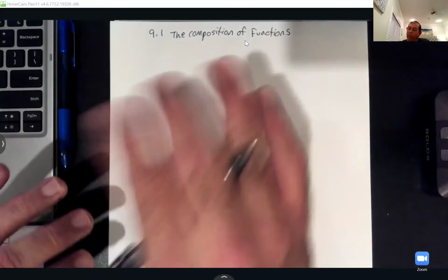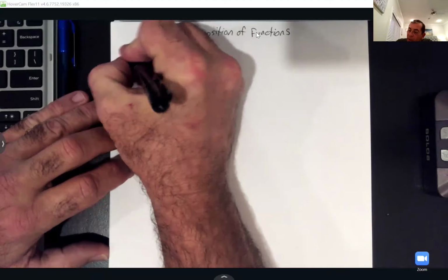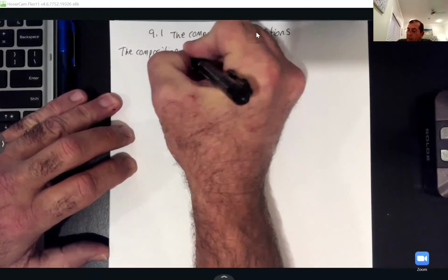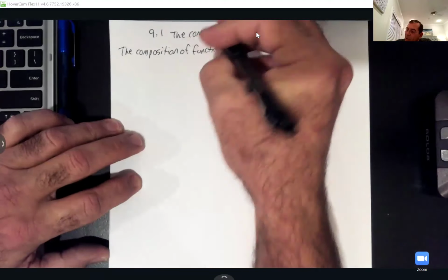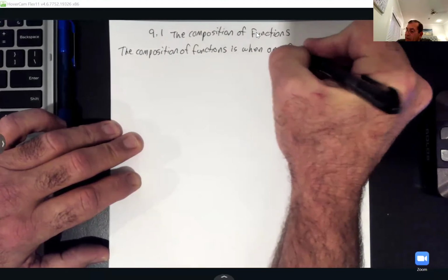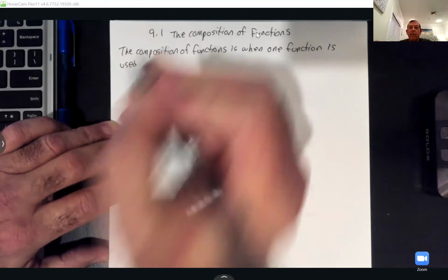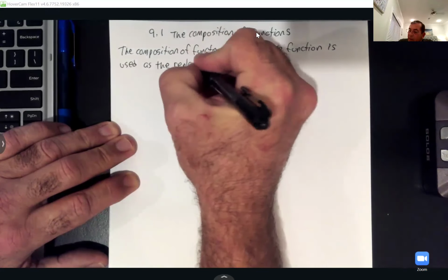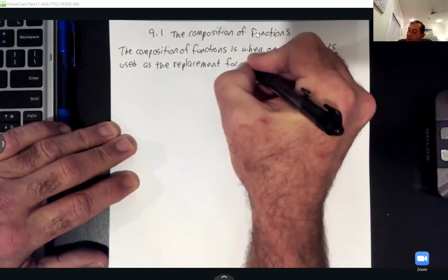And so, y'all, when we talk about a composition of functions, what we mean by this is when one function is used as the replacement for another function.